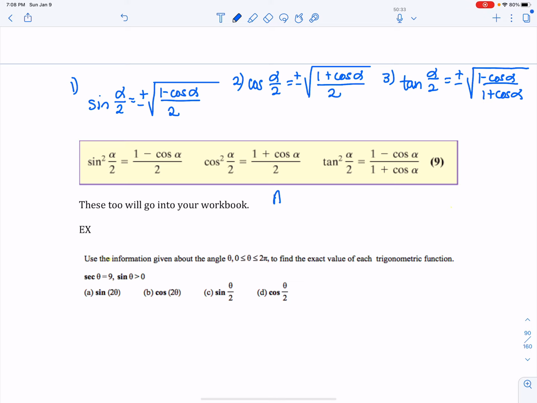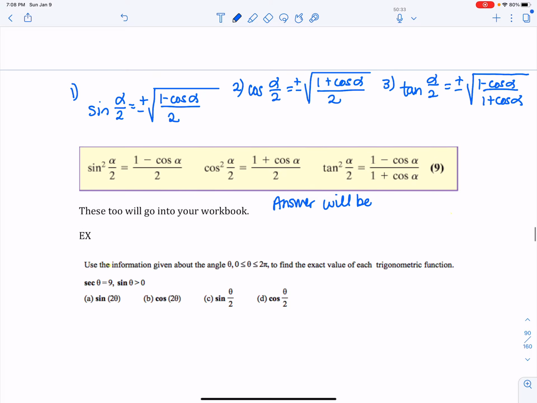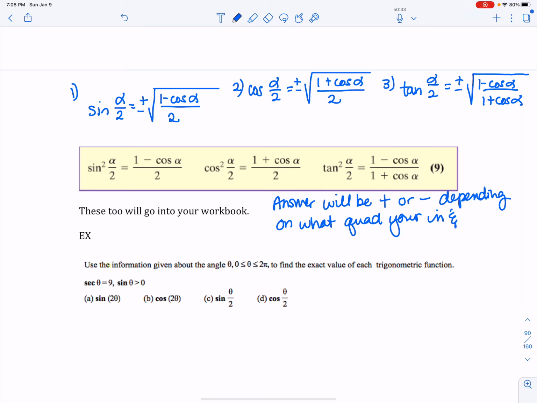So your answer to these will be positive or negative depending on what quadrant you're in and what trig function you're looking at.